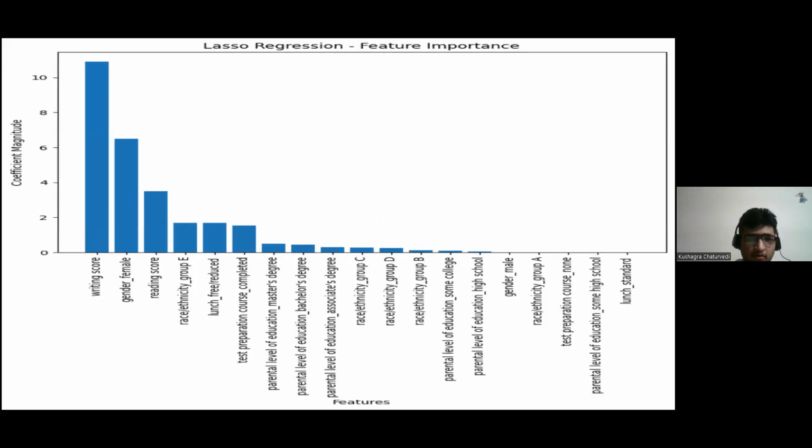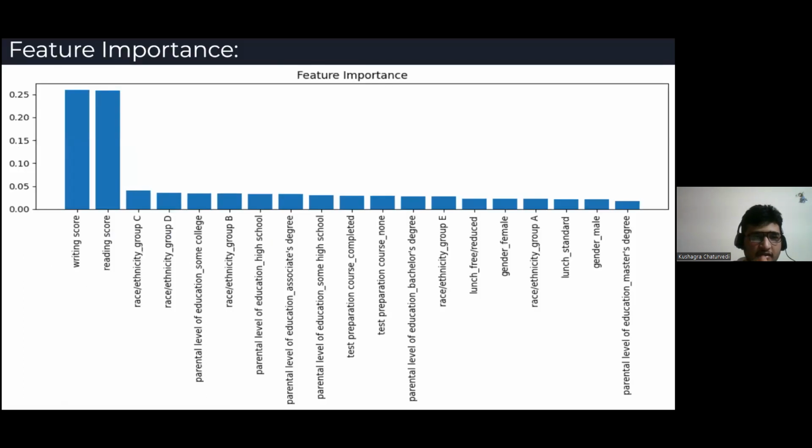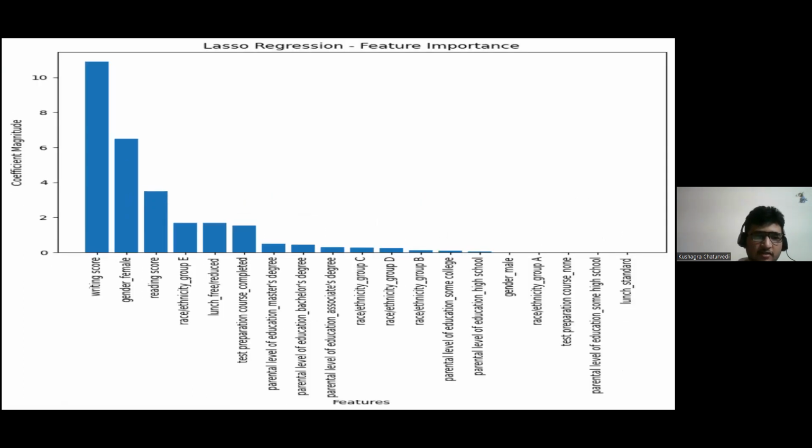But I have also used the lasso regression to gain the feature importance, and we can see some of the features that were not present in the case of random forest are there in the case of lasso regression. This again indicates that lasso regression is a form of linear regression with an included penalty term, so it can better capture the linear relationship between the variables.